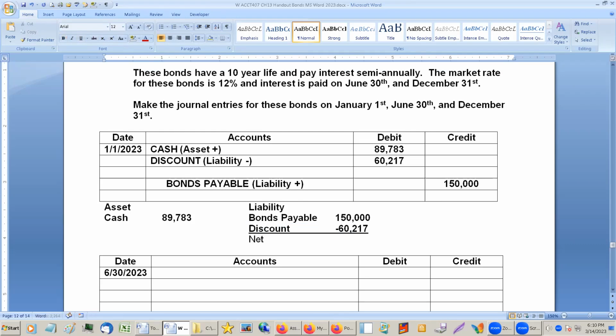And so our net bonds payable will be the 89,783.